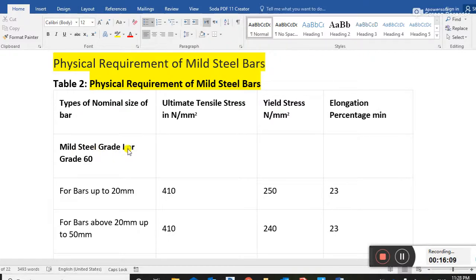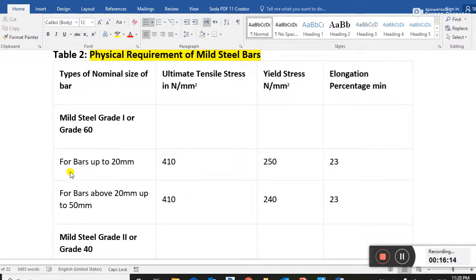Guys, type of nominal size of the bar. Mild steel grade 1 or grade 60. For bars up to 20 milli, the ultimate tensile strength is 410 megapascal, yield strength is 250 megapascal, and elongation percentage is 23%.